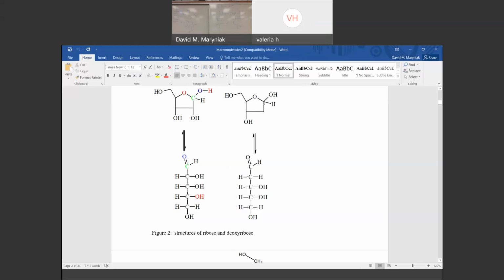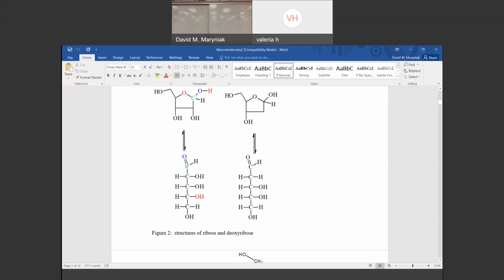And would we call that carbon number? If we were going to number this, where would we start numbering? The aldehyde carbon, 2, 3, 4, 5.